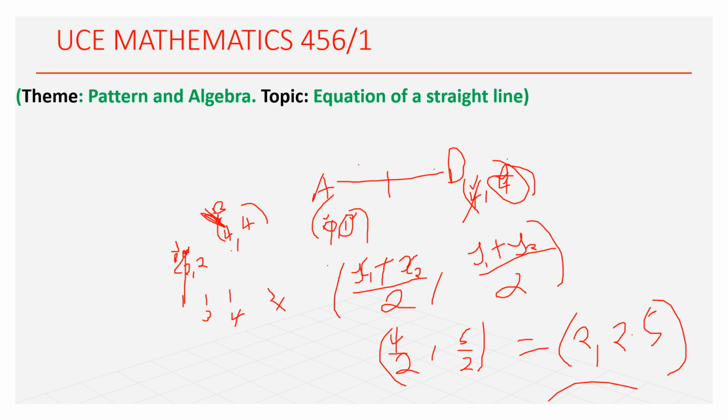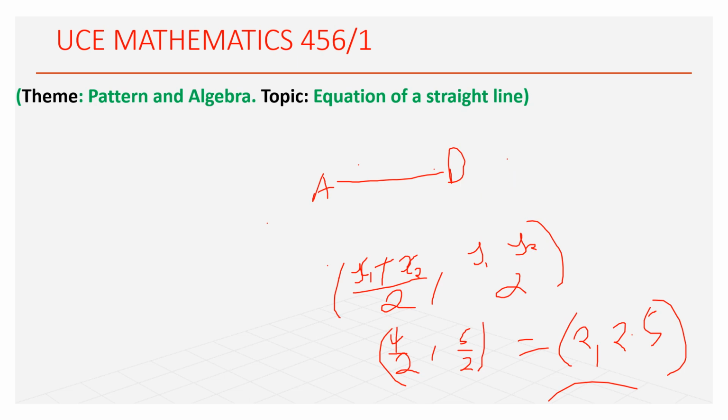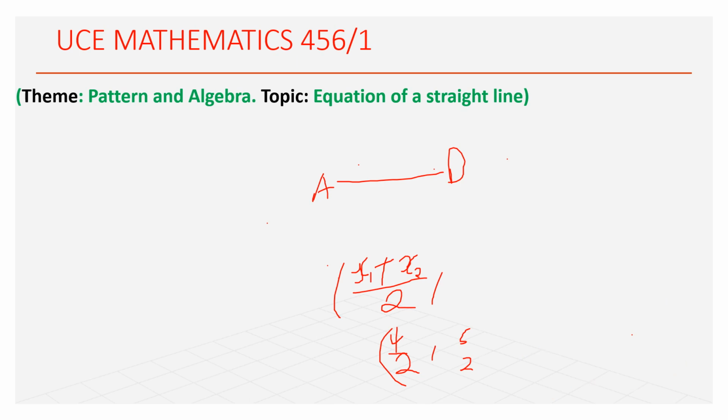But how do we determine the length of the straight line if you have these two coordinates, as we prepare to get into a serious scenario? Then I will leave you with sample items and we'll call this a day.